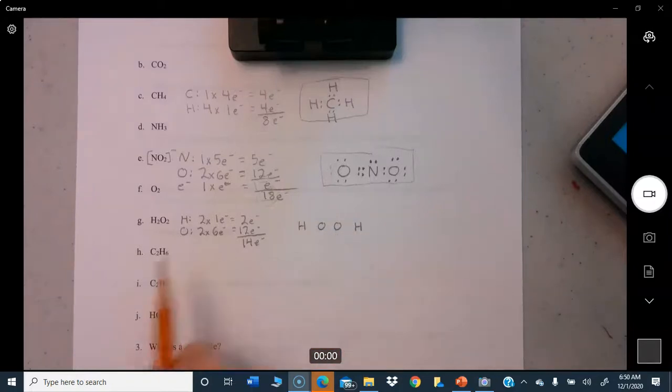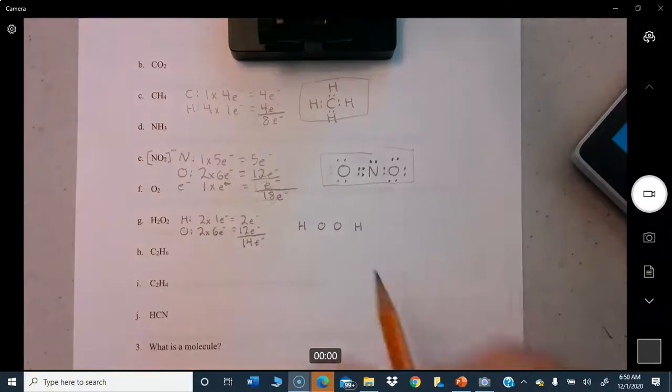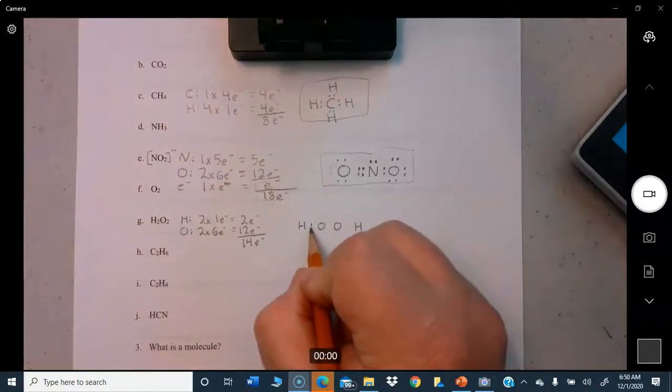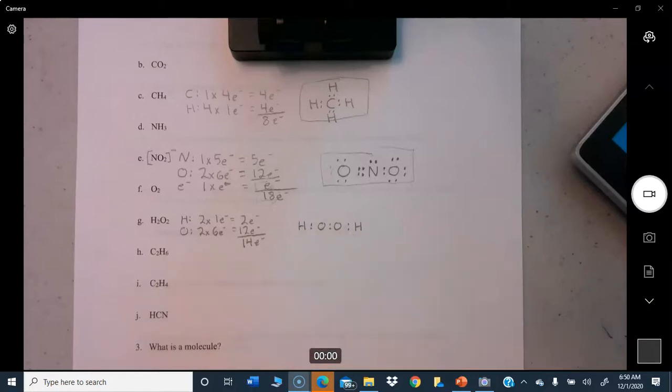All right, and the next thing we're going to do is connect atoms with central atom using single bonds. Well, there's 2 central atoms, but we're basically going to just connect everybody with single bonds here, like that. So we've used 6 of our 14 electrons. Now we're going to fill the outside elements with octets, but hydrogen and hydrogen already have a full octet with 2 electrons.